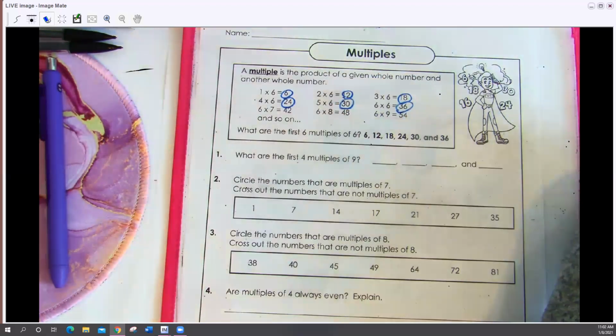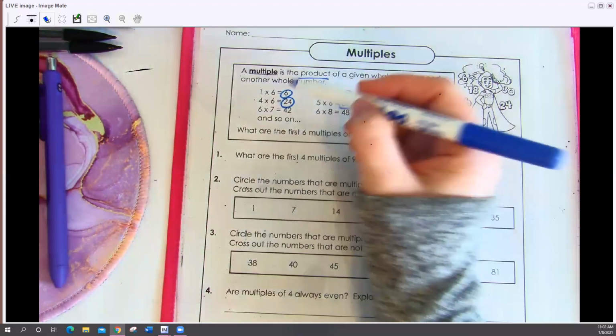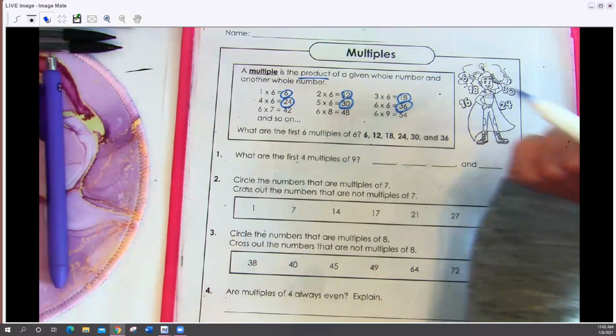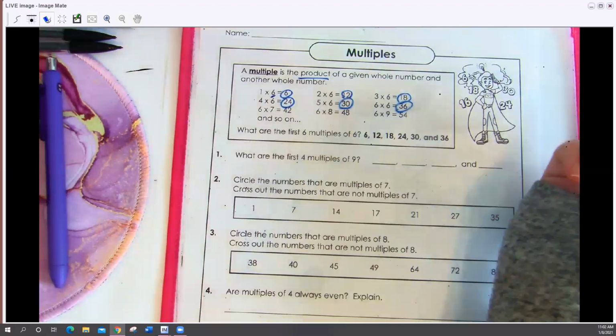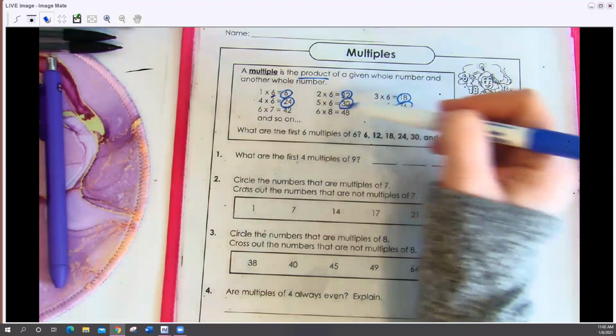So when we're looking at multiples, we're kind of looking at the answer or the product, right? So we're taking a number. In this case, we did the number 6, and we're multiplying it by 1, by 2, by 3, by 4, 5, 6, 7, 8, 9, and so on.